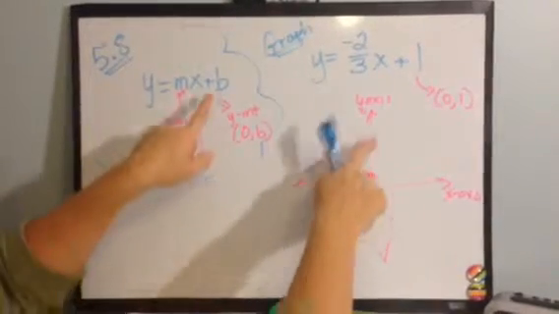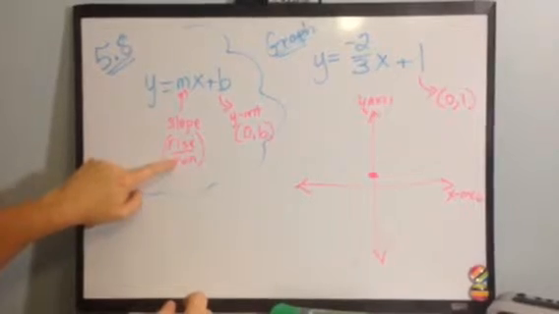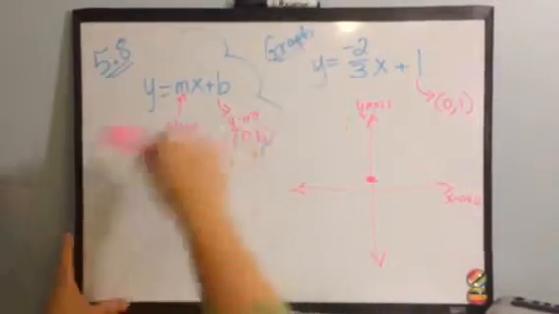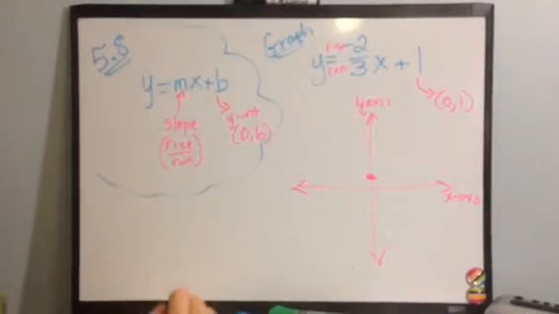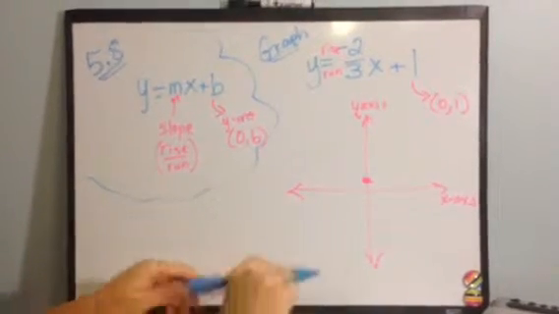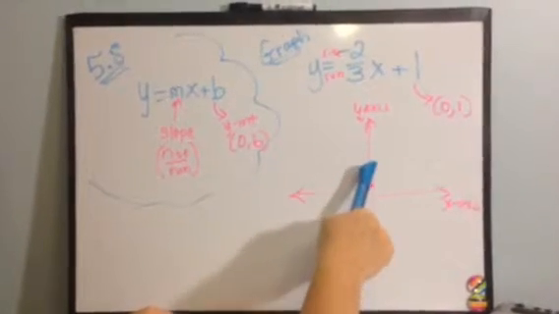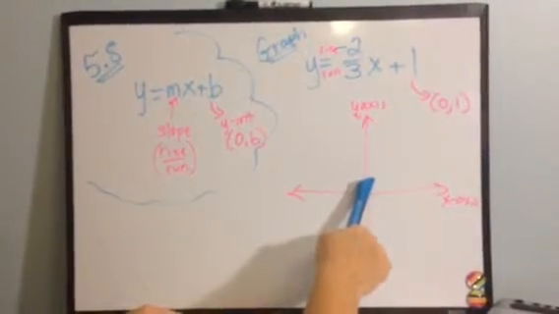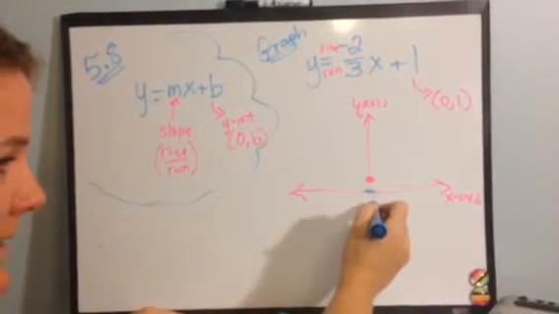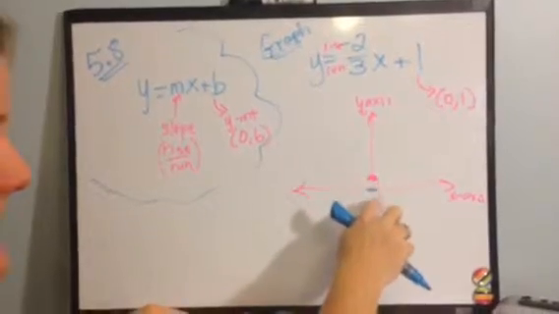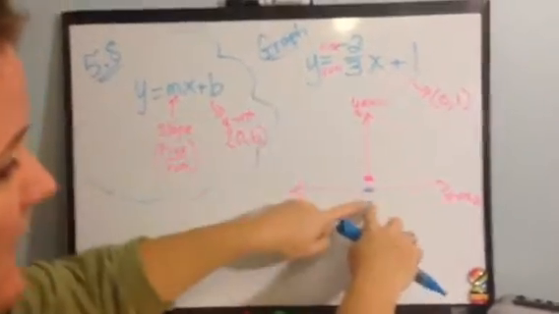From that y-intercept, now I'm going to look at my slope. Remember, slope means rise over run. So if I look at the slope up here, I have a rise and I have a run. Now, this tells me to rise a negative 2. Going up would be positive, so I actually want to rise a negative 2. So there's 1, there's 2. I rise down 2, and I'm going to run a positive 3.